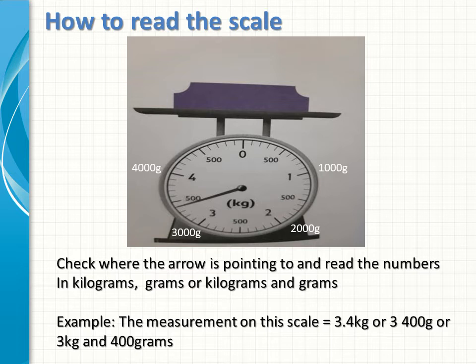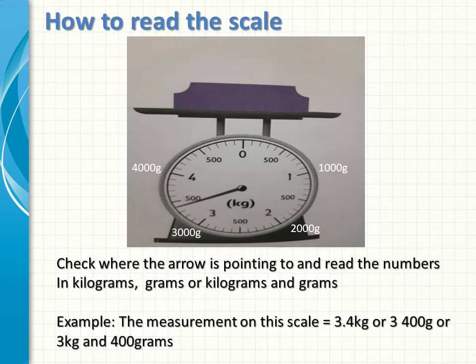That's one line after 4. Then what are we going to say the measurement is? We will say it is 4 kilograms and 100 grams. Or we can say 4,100 grams. Or also we can say 4.1 kilograms.